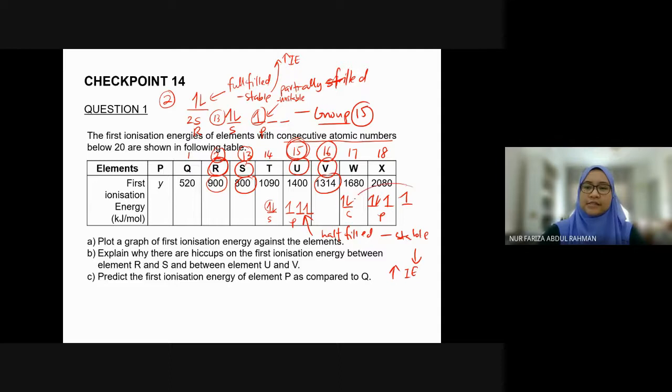This is partially filled. Okay, partially filled kenapa? Dia unstable lah. Okay, partially. You have to highlight the partially filled dengan half filled tu. Okay, because partially filled is unstable. That means less energy is needed to remove the electron. Okay, to remove this electron. The first ionization energy.